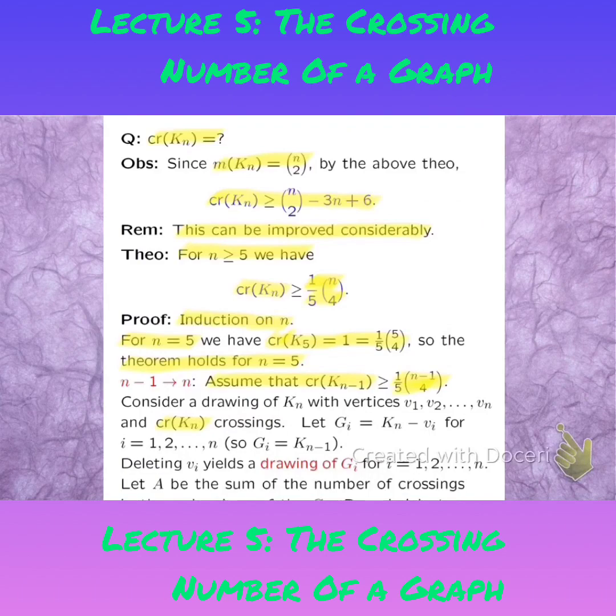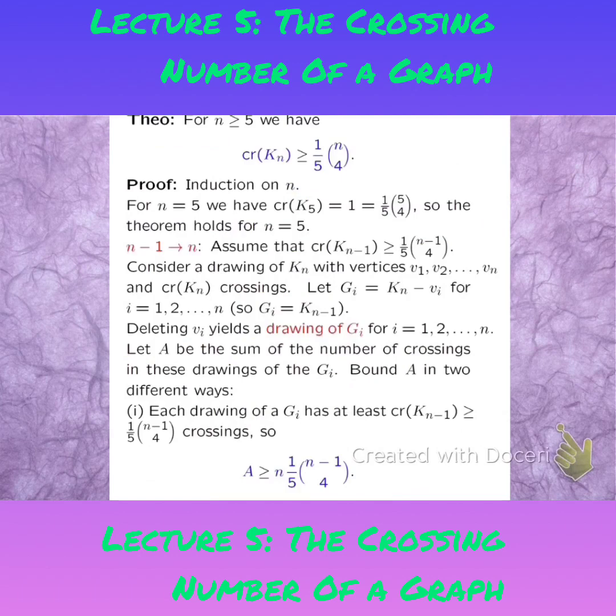And then we're going to do it for every vertex of the Kn. We're going to form a graph G subscript i, which is Kn with the ith vertex deleted.